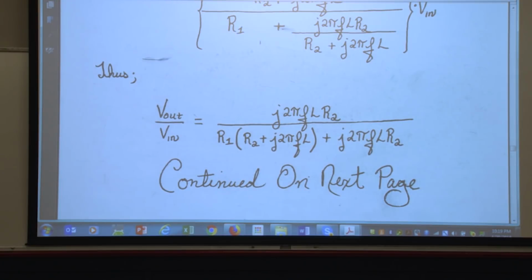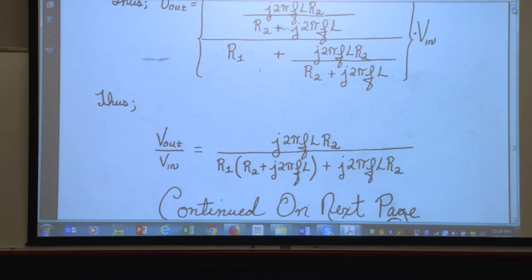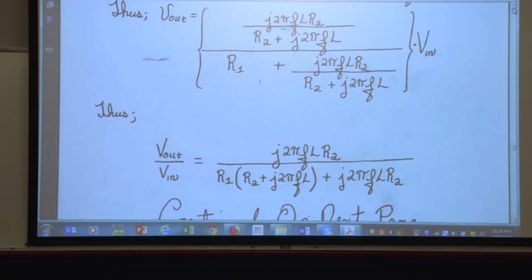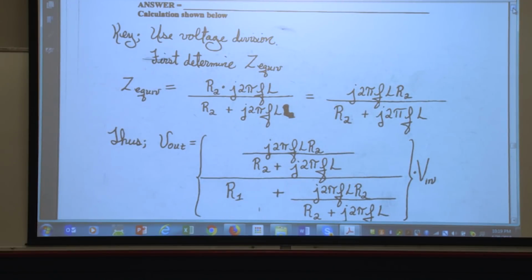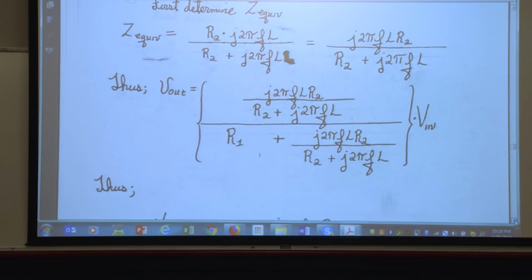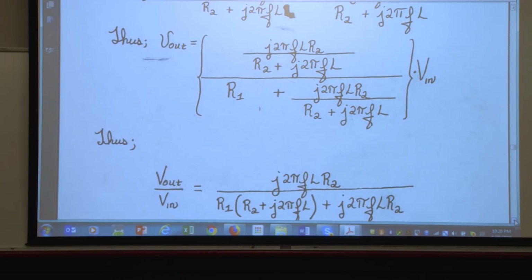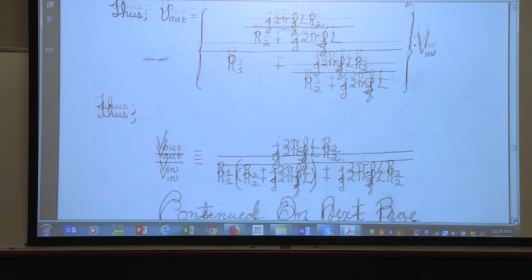So I'm thinking of our colleague Michael's comment before about just hitting the high points, making sure we got it. What we do is we calculate ZEQ. That was the first step. Then, second step, we do voltage division. Third step, bring the V in over to the other side and simplify.